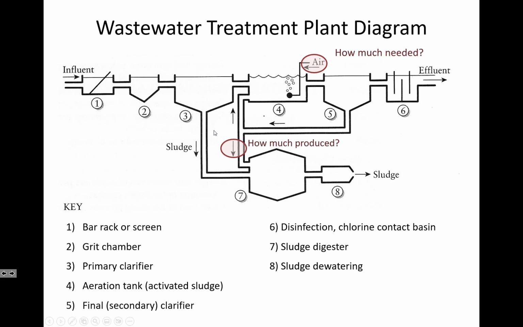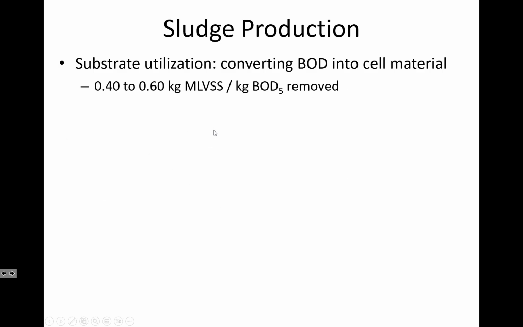But here, in the case of wastewater treatment, the amount of sludge that's produced in part depends on the BOD that's being consumed, but also it depends on the microbes' life cycle, because the microbes are breaking down each other as well. And so we have to take into account the rate of death of the microbes as well as the amount of BOD that's being consumed.